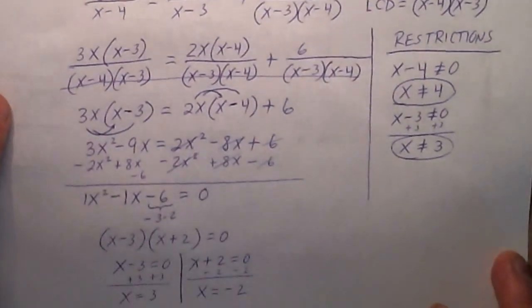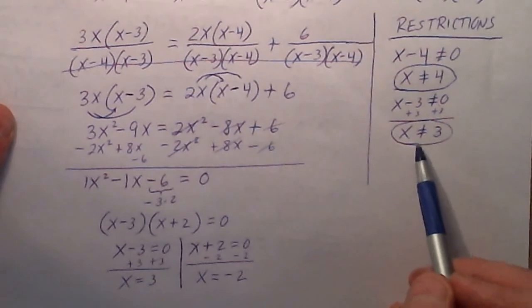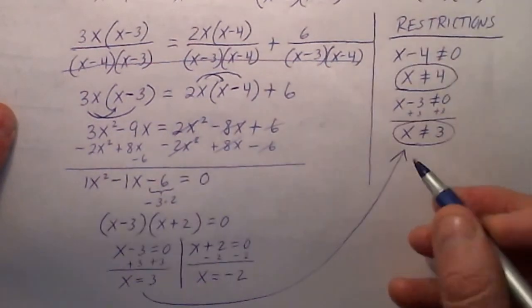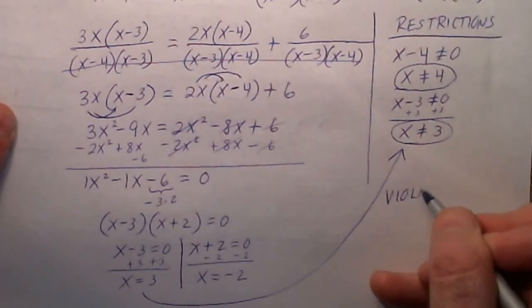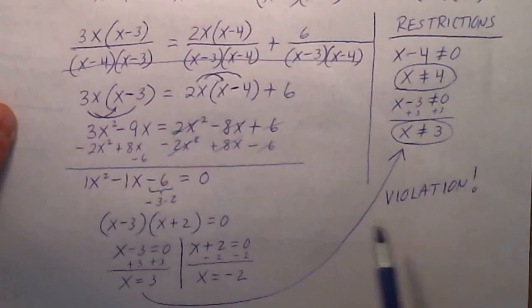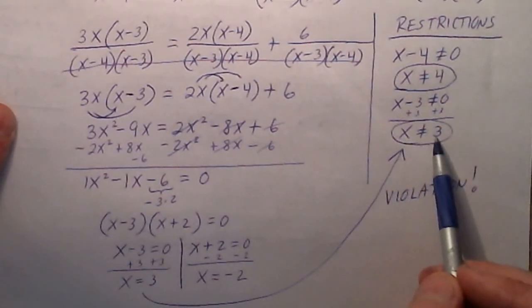Now, check this out. Notice when we solve this rational equation, we got a solution of 3. Well, ladies and gentlemen, 3 violates this restriction here. So we have a violation here. Because we said that x can never be equal to 3 for this equation to be defined.